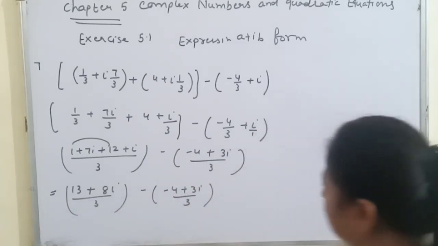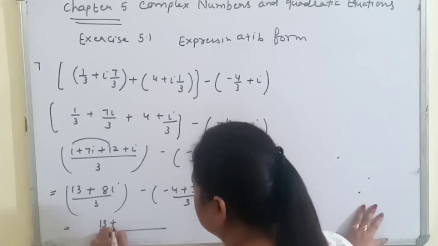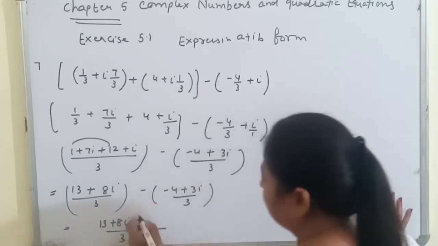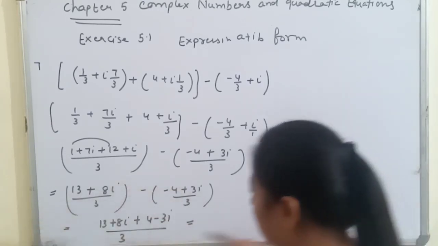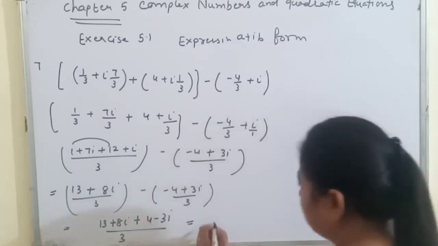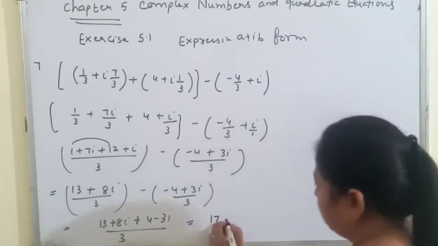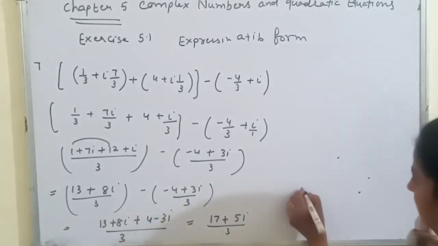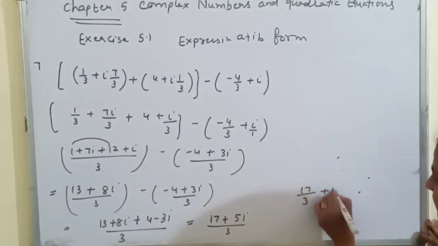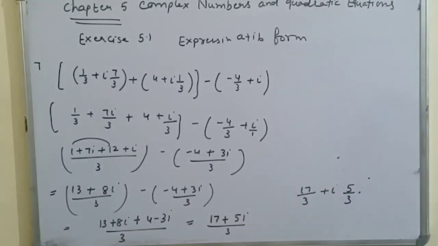Denominators are same here, so 13 plus 8 iota minus, it will become 4 minus 3 iota. 13 plus 4 it will become 17, plus 8 iota minus 3 it will become plus 5 iota upon 3. So write it in the complex form. This is 17 by 3 plus iota 5 by 3.